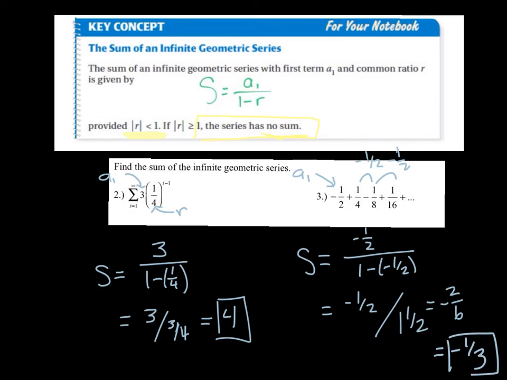So the sum of that entire series, because you can imagine those decimals and those fractions are going to start to become pretty small, will only add up to negative 1/3. So remember, you can find the sum as long as your ratio is less than 1. If your ratio is greater than 1, your terms are going to continue to increase, and you'll never be able to find a sum because it's just going to get larger and larger.